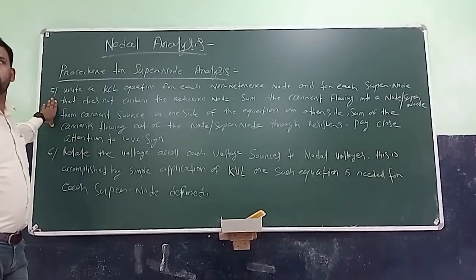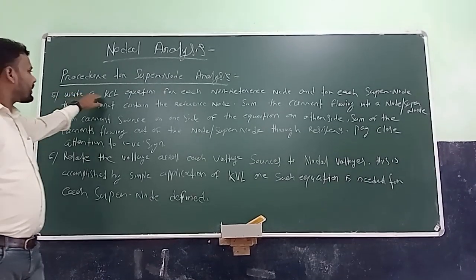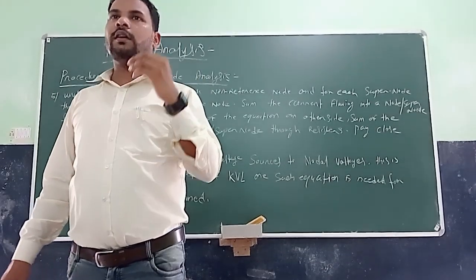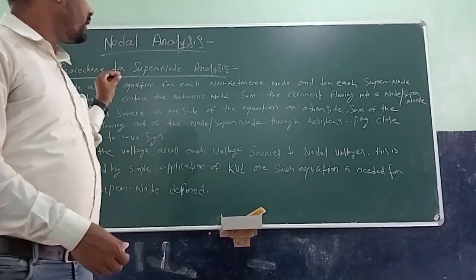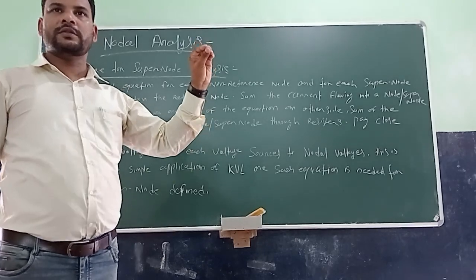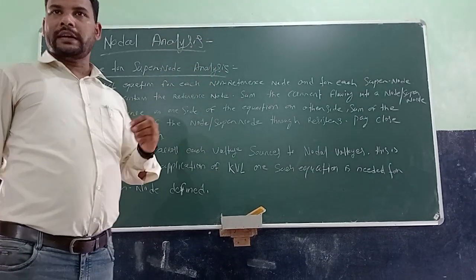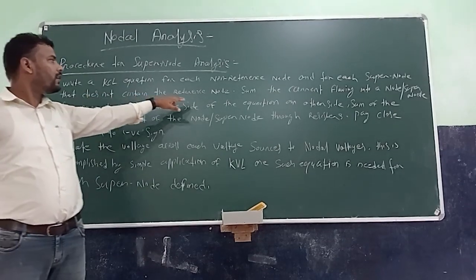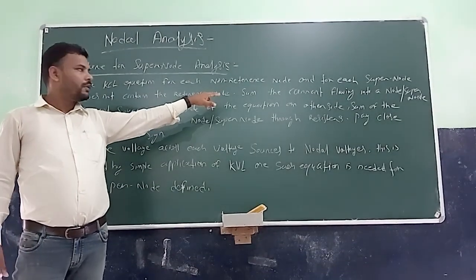Okay. Next, write a KCL equation for each non-reference node or supernode. For each supernode or non-reference node, we have to write a KCL equation that does not contain the reference node. Okay.